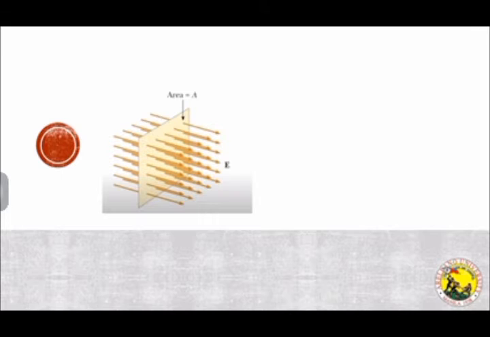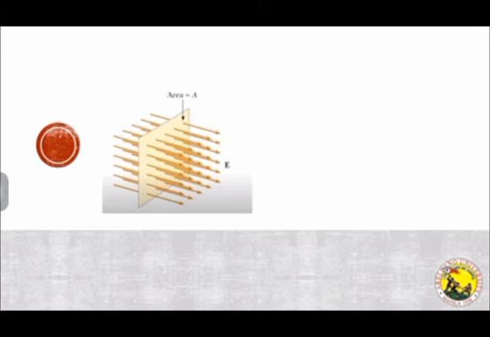Recall from the previous discussion that the number of lines per unit area, or in other words, the line density, is proportional to the magnitude of the electric field.